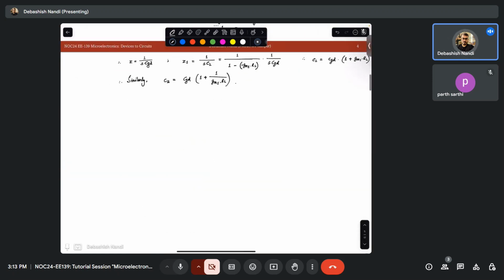Now if you see your common source amplifier, this is your RL, and in this place you have your Rin, this is your C1, and this is your CGS.